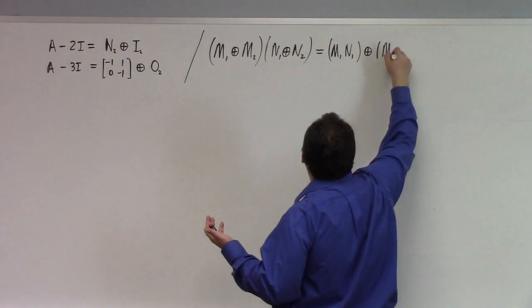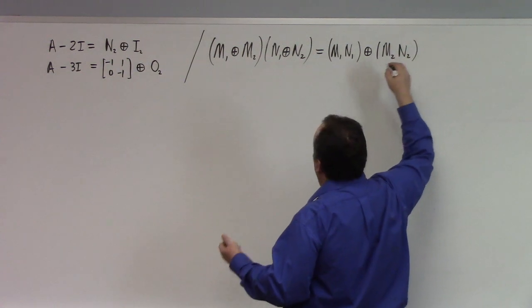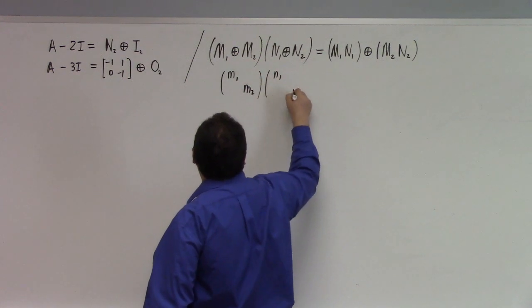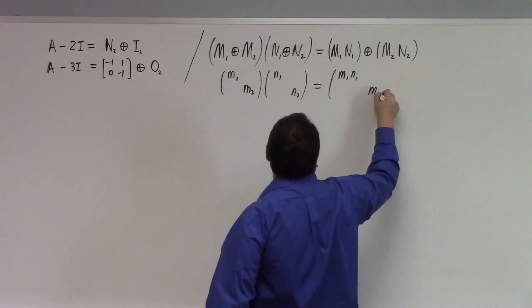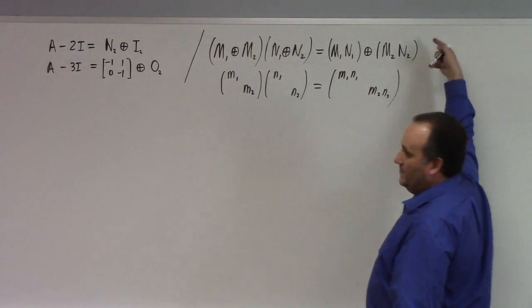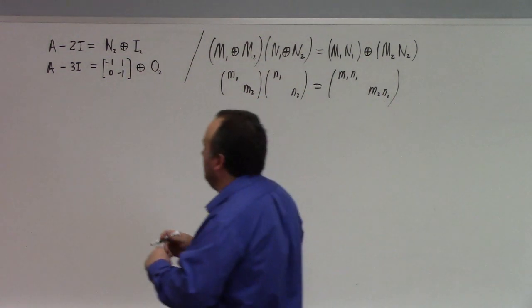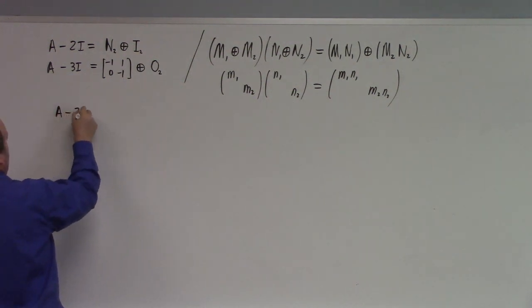Block diagonal matrices multiply the same way: M1 N1, M2 N2, just like that. So block diagonals share characteristics with diagonal matrices. This is block multiplication. And if I use this, then you can start to see things, right? Like, what's A minus 2I squared?